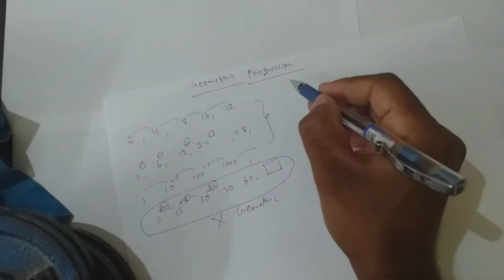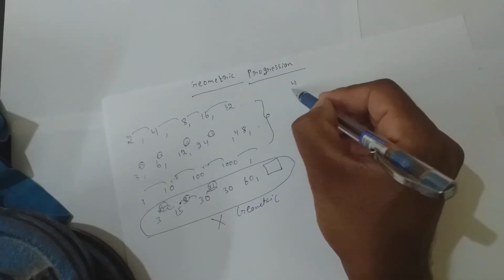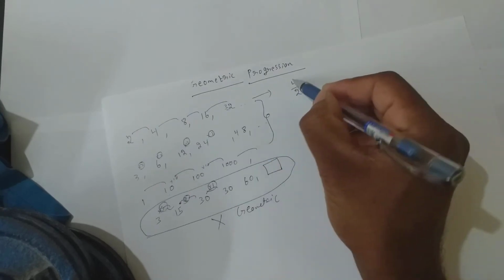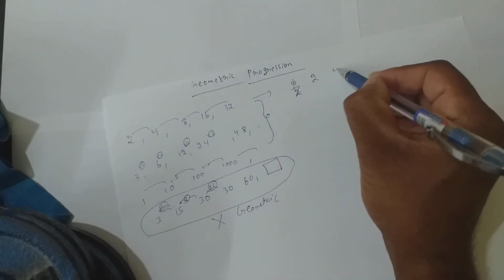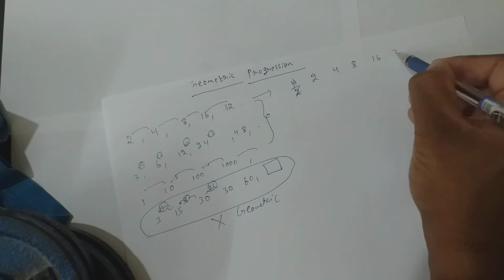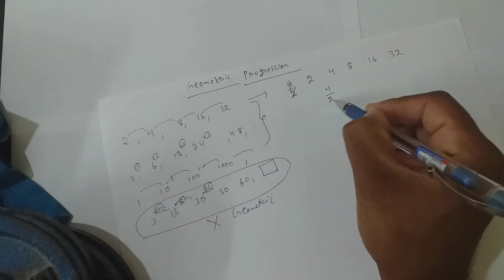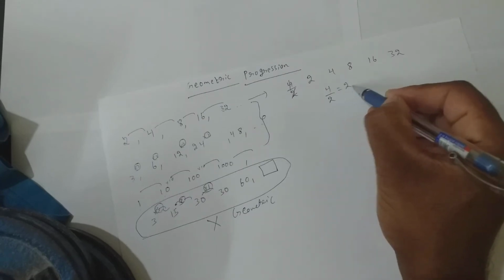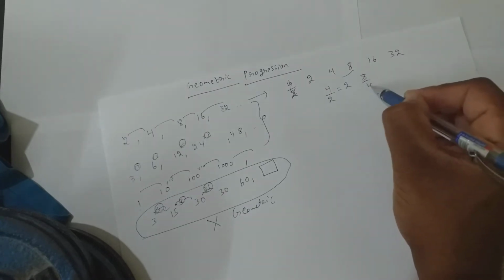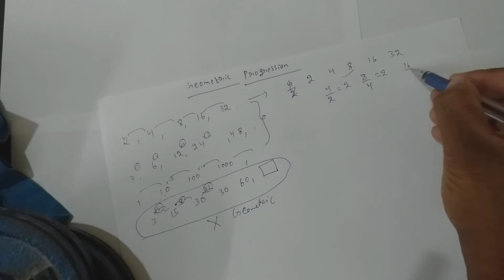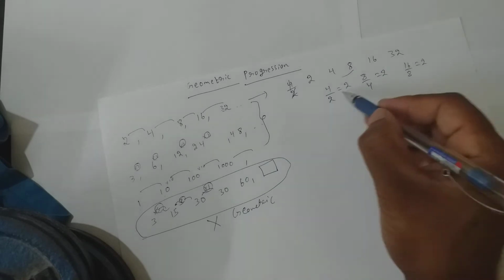Now how do we do is I divide 4 by 2 in the first example. Let me write again, 2, 4, 8, 16, 32, right? Divide 4 by 2. How much do I get? 2. Divide this by 4. How much do I get? 2. Divide 16 by 8. You get 2.